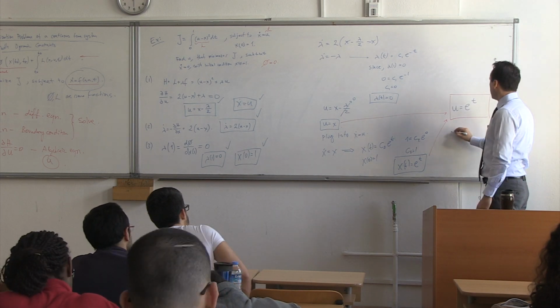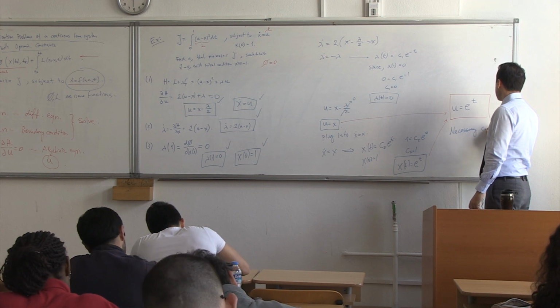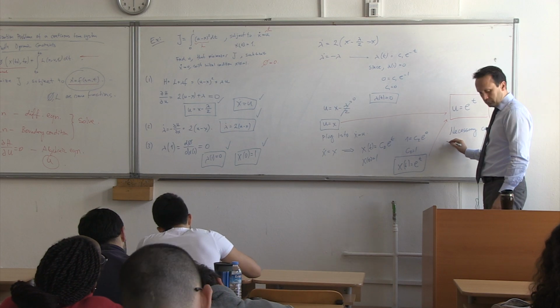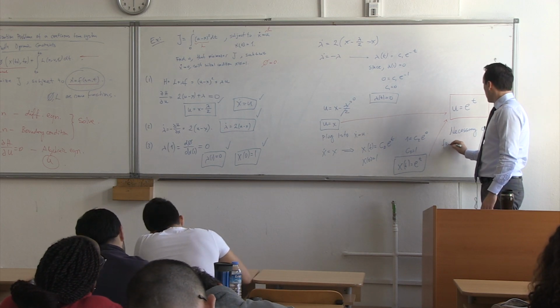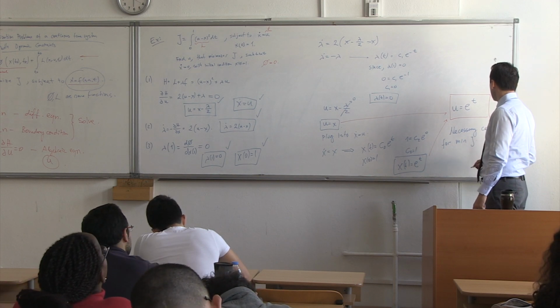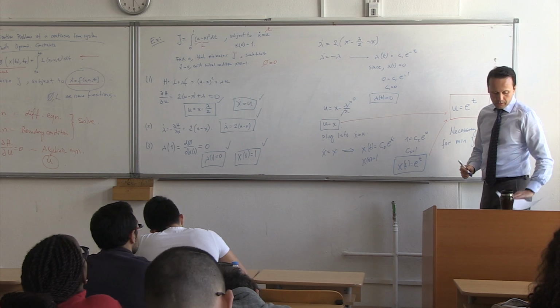And this is what we call the necessary condition for minimum j.